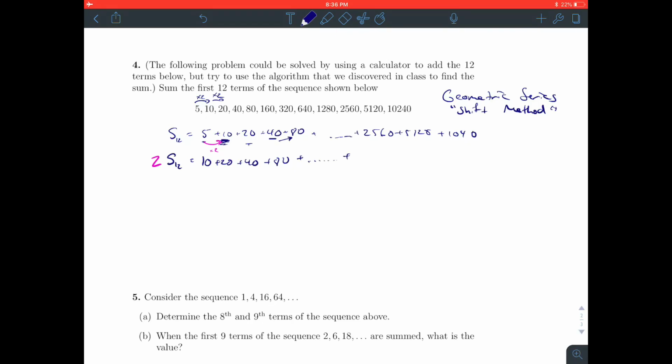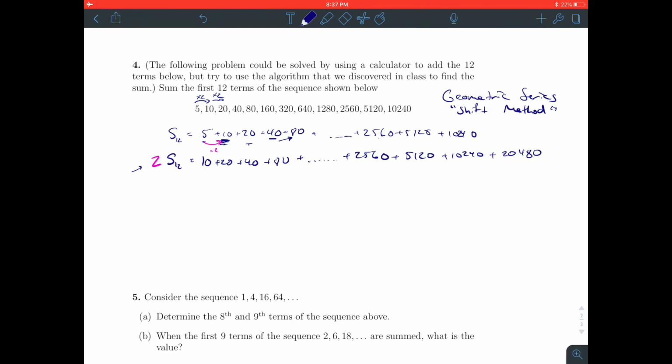So we're going to have a whole bunch of these. The one before 2560 will generate a 2560. 2560 will generate a 5120. 5120 will generate a, oops, I missed a number there, 10240. And 10240 will generate 20,480.